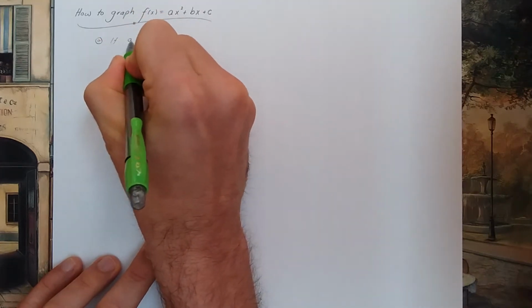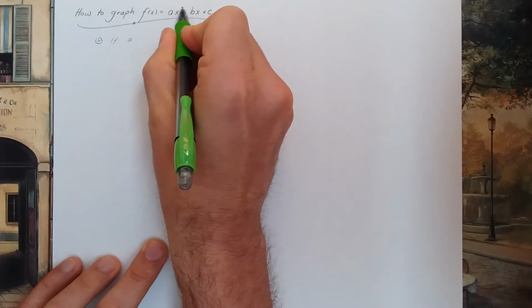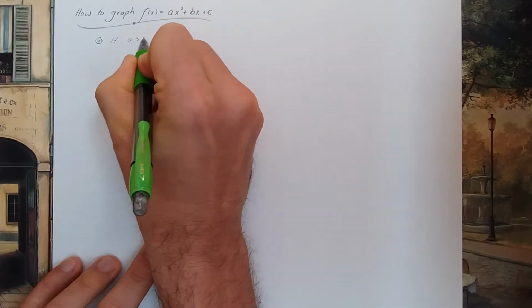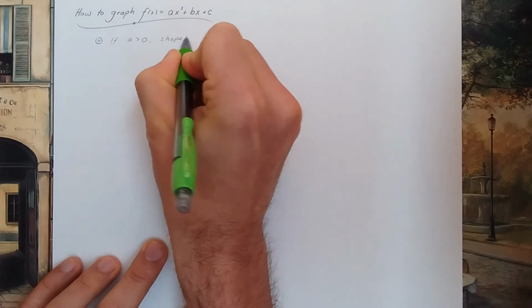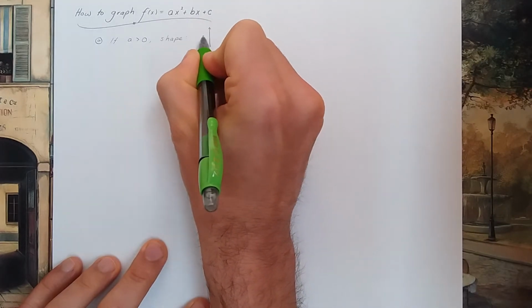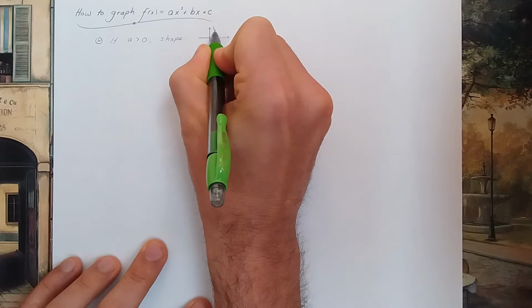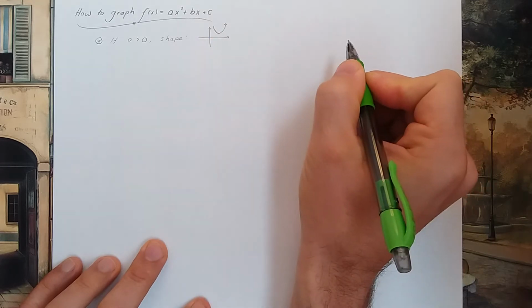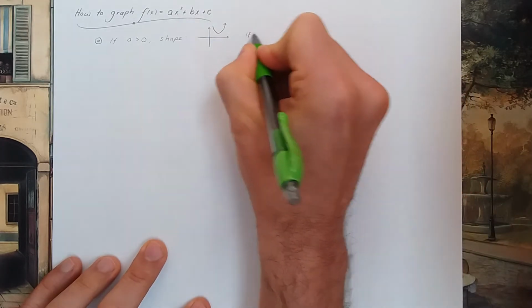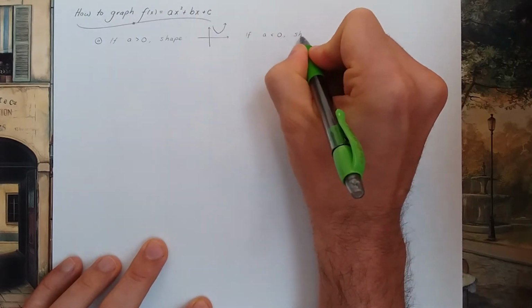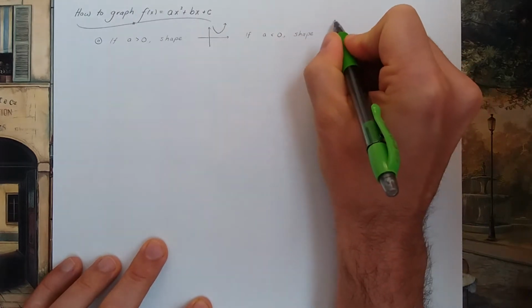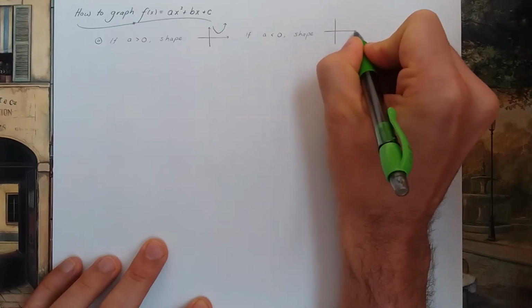So if a, this constant in front of the x squared term, is positive, the shape looks something like this. It's an upward facing parabola. And if a is negative, the shape is a downward facing parabola.